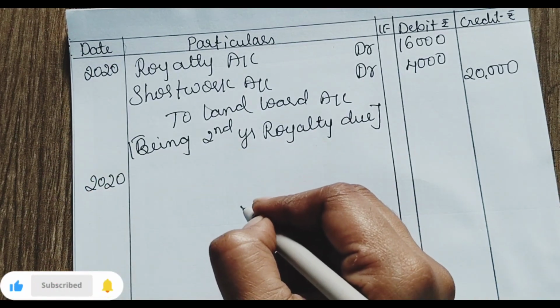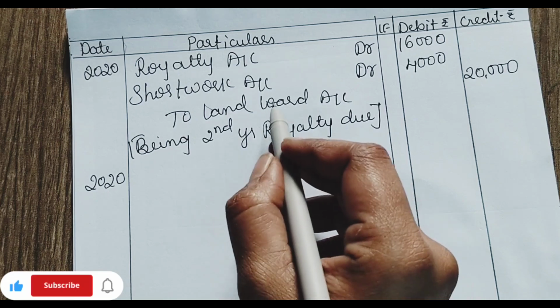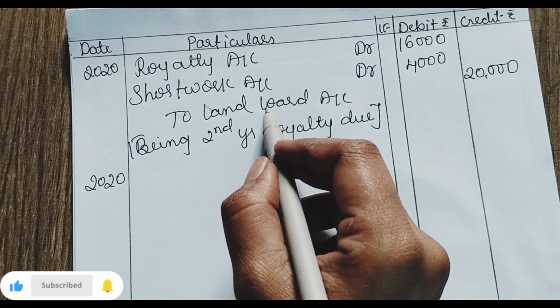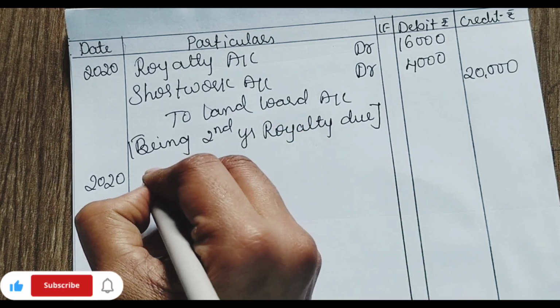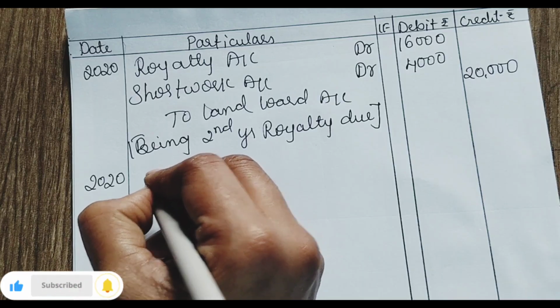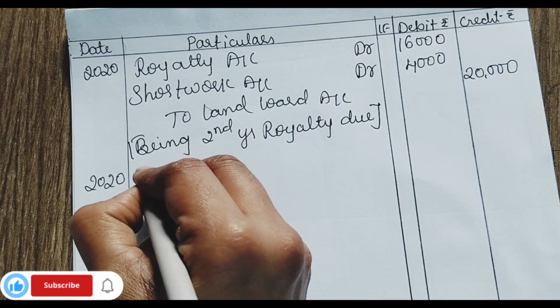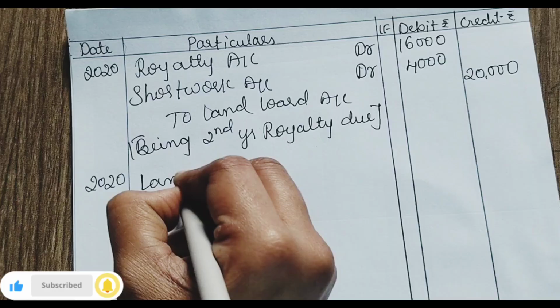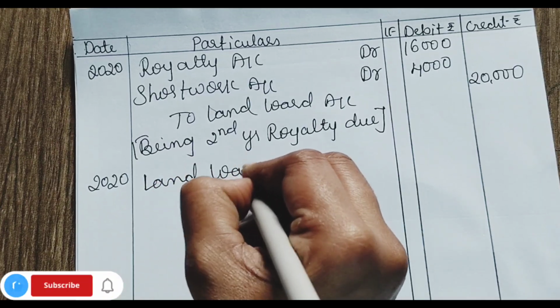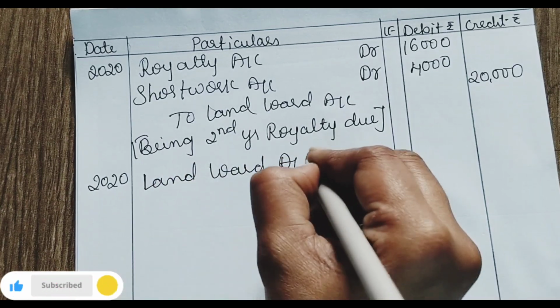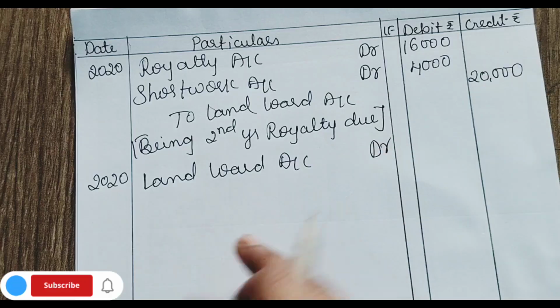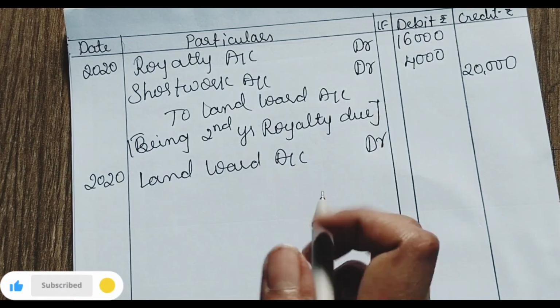To whom are we making payment? Landlord. Here we have credited landlord. Now we are debiting landlord to make payment. Right? Landlord account debit, the rule of personal account: debit the receiver.